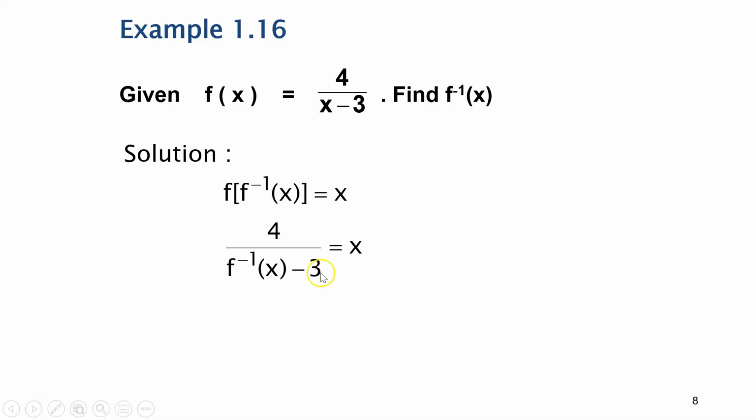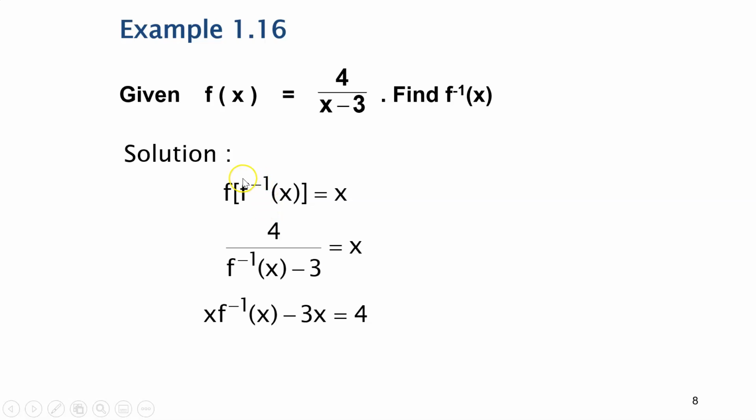Okay, so this means that, I'm sorry, this is not a multiplication. This is actually you're going to substitute this value into this. So f of f inverse equal to x, which means that any value of x in f(x) over here, you're going to substitute with the f inverse.